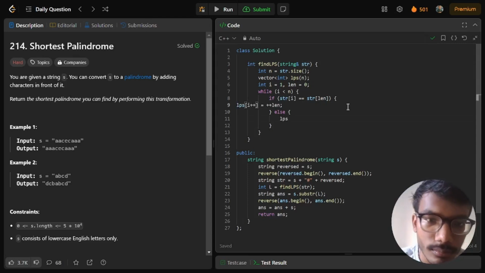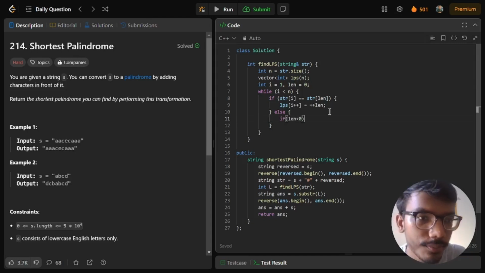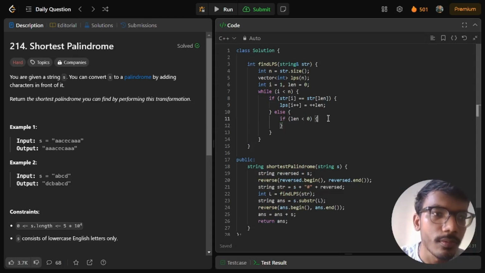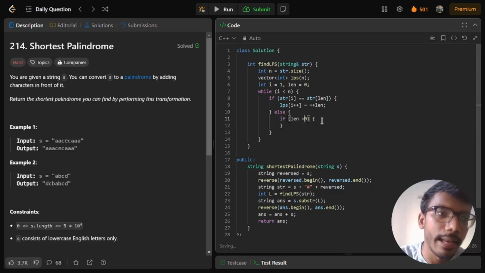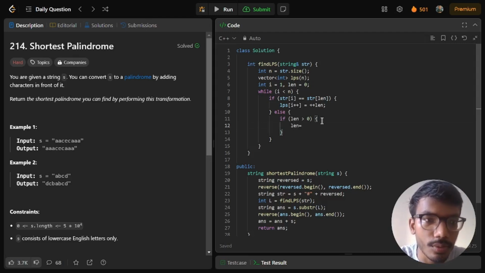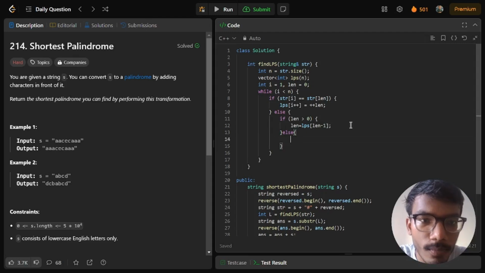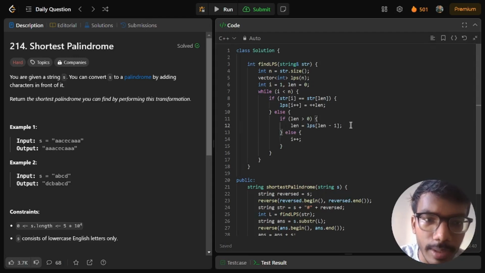If my length is positive, what I can do is length is equal to LPS of length minus 1, else I plus plus. So this is how I will write my LPS function.